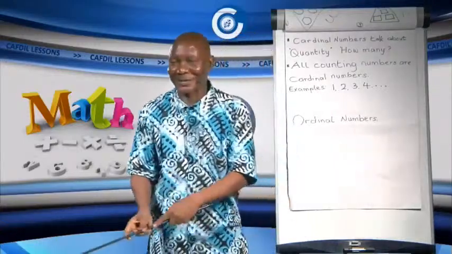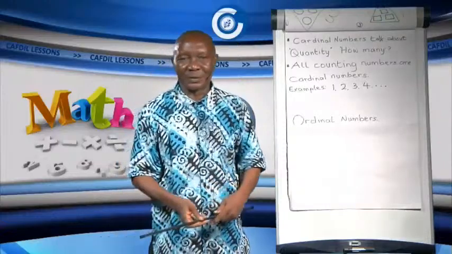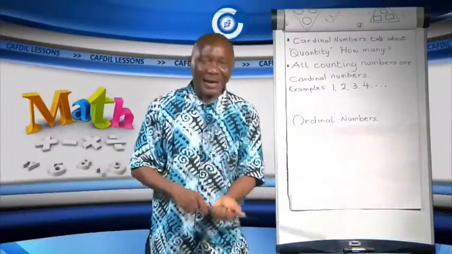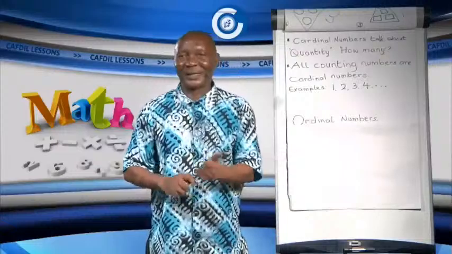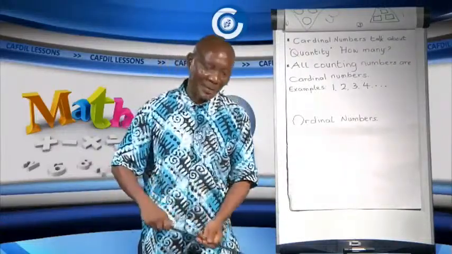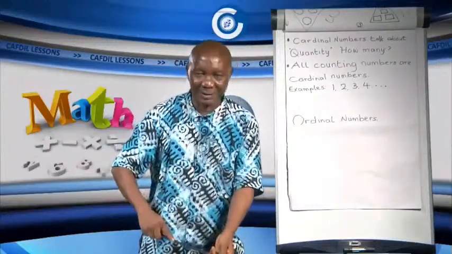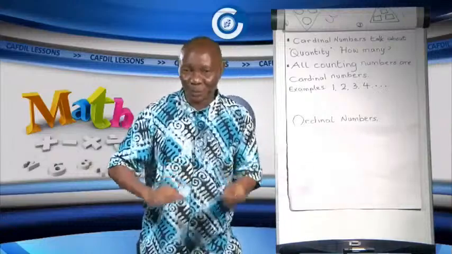All these numbers, all these positions are ordinal numbers. Why? They are ordinal numbers because they talk about positions. They talk about what? Positions.